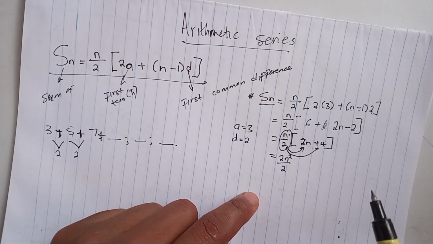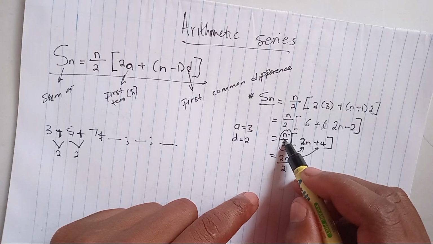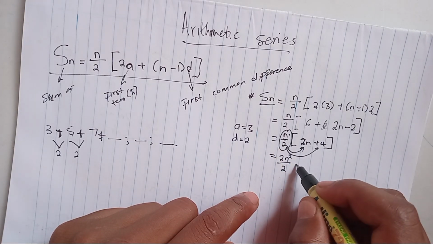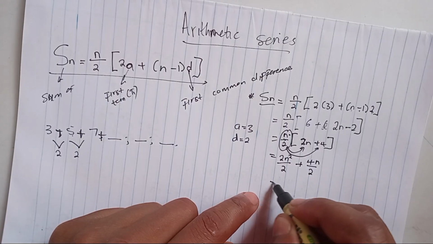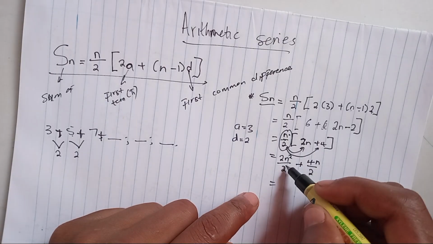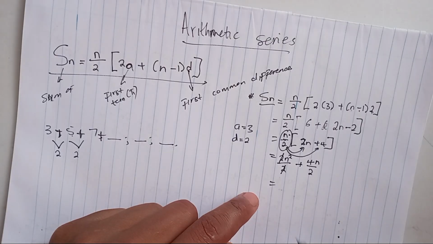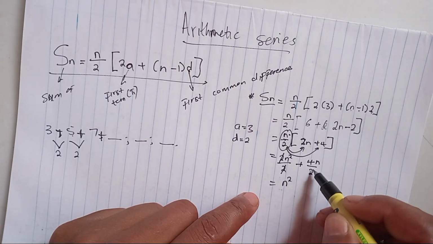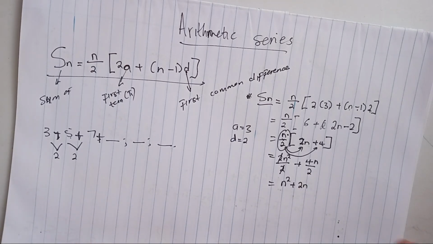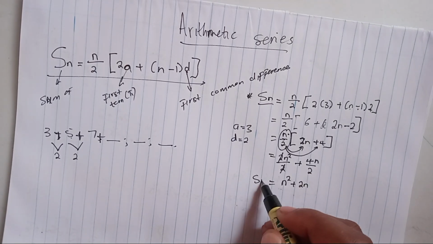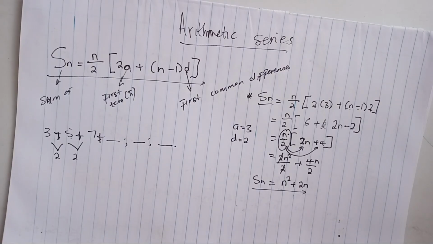That's the first step. And then n over 2 multiplied by 4 gives us 4n over 2. And then we simplify now. We're going to have n squared plus 2n, since 4 divided by 2 is 2. So this one will be our Sn.